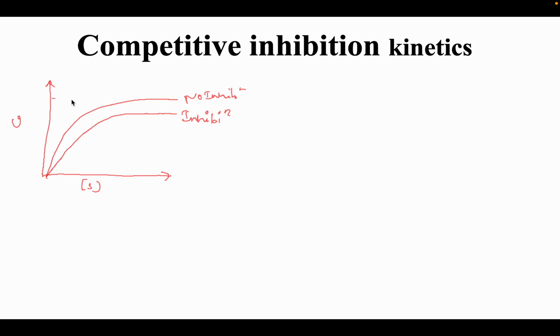So if this is the Vmax, this will be our Km, and for this will be our Km. This is Km for inhibitor, and this is the Km. So Km for inhibitor is greater than Km. So the Km is increased in competitive inhibition.